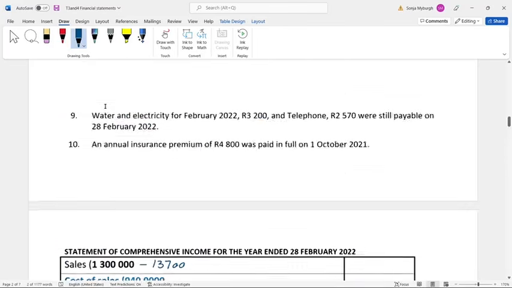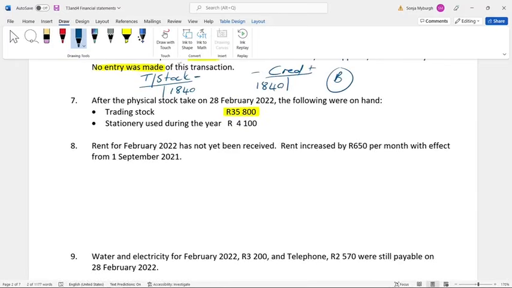Still part of that number 7, and here again we have to read. Very often we see stationery and we know we must subtract the 4,100, and we skip that part of the information, which is critical. Stationery used during the year, not on hand, but used during the year.